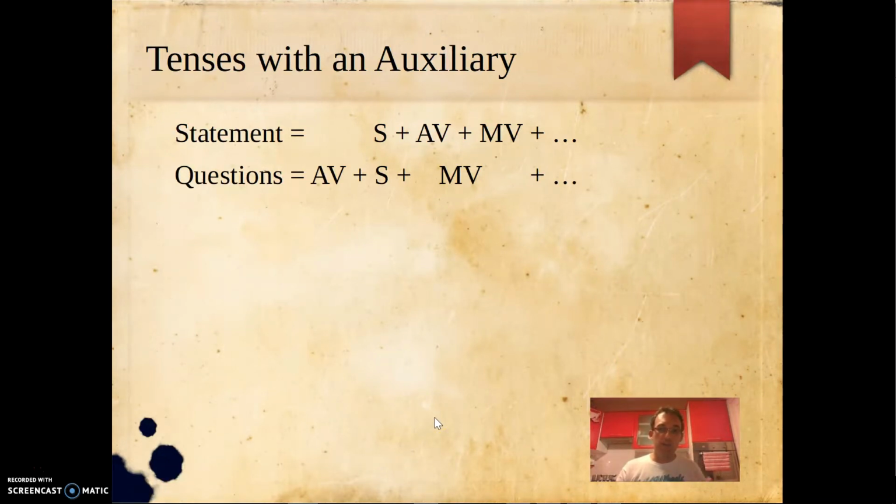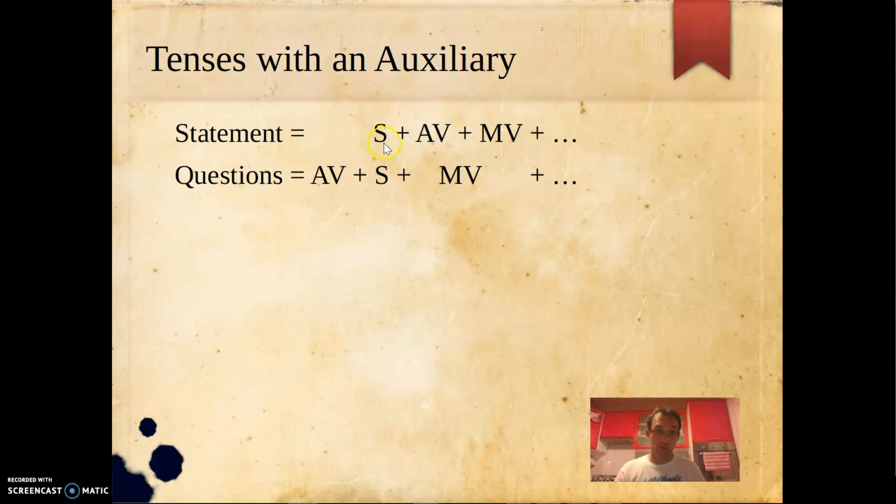Now, if you have a tense which has an auxiliary, a big word, but it's not that bad, it's that little helping verb which helps you form a bigger tense, then you usually have a sentence which goes like subject plus auxiliary verb plus main verb plus anything else. And then for the question, you just swap the place of these two.